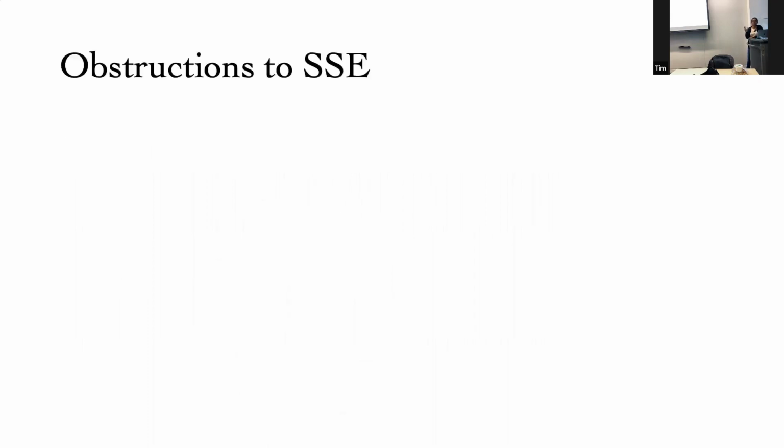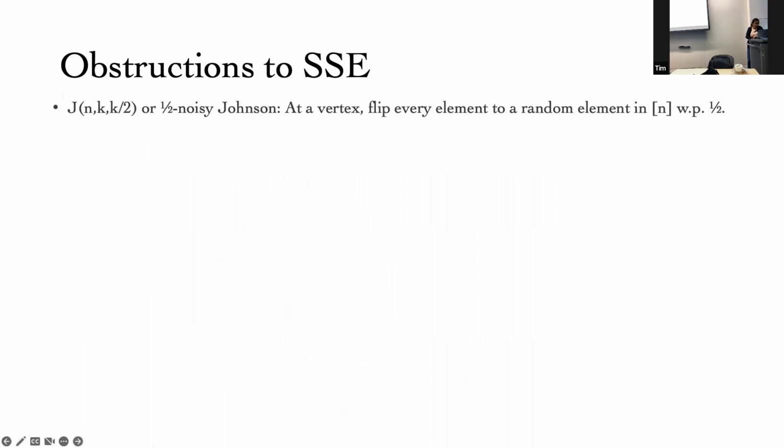So now let's look at why the Johnson graph is not a small set expander. We'll just look at this version where we have n, k, t equals k by 2, or we also call it the half noisy Johnson graph. So half is because k by 2 divided by k is half. And this graph is the following.